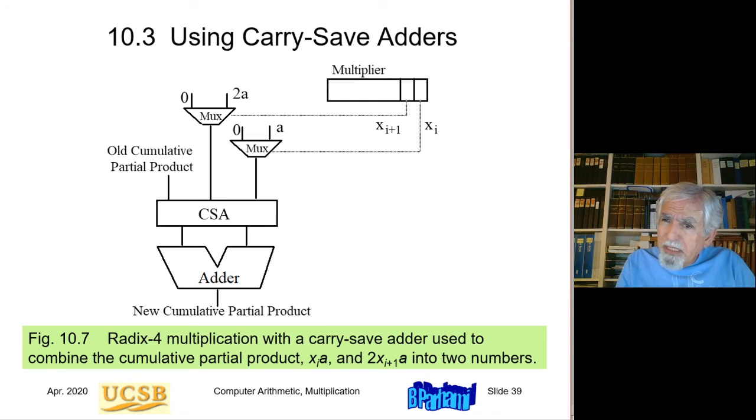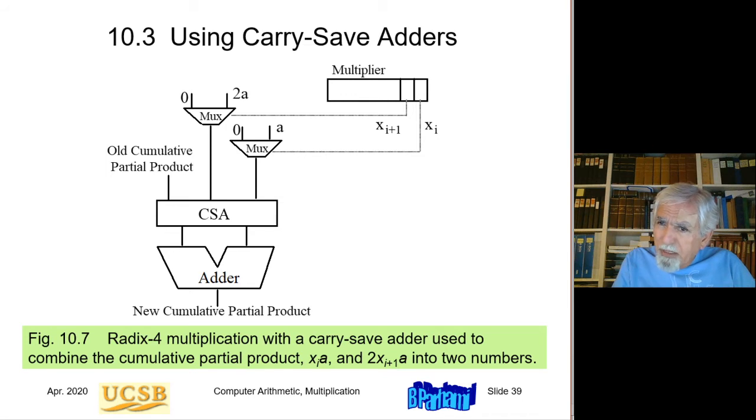So we can use carry-save adders to form those difficult multiples. Okay, but still in this radix 4 multiplication, we have cut down the number of cycles to k over 2 from k. We have added a little bit of latency to each cycle in terms of this carry-save adder.